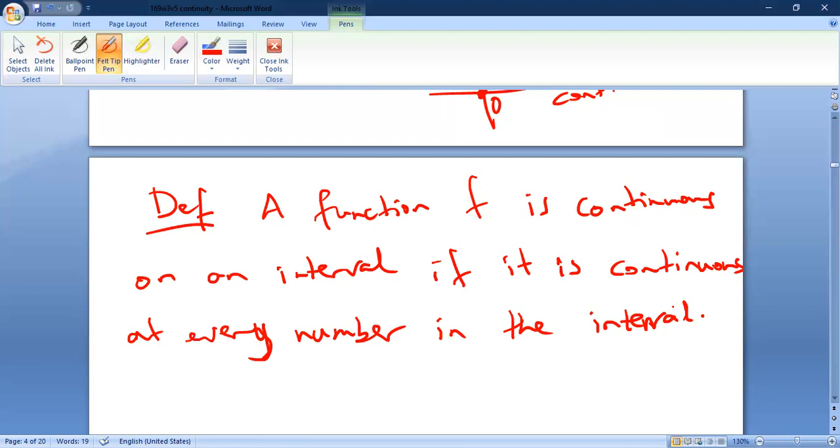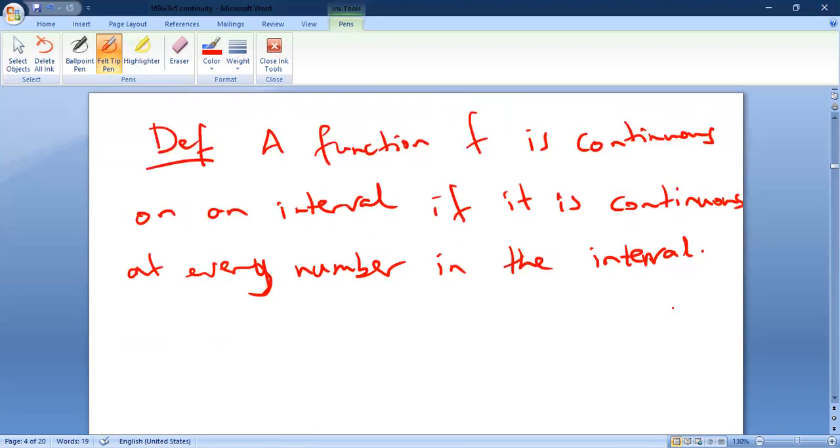Another thing is we can use combinations of continuous functions to get new continuous functions. Actually, this is not a definition. This is a fact, so I should rather say theorem. A theorem means a fact which one can prove.